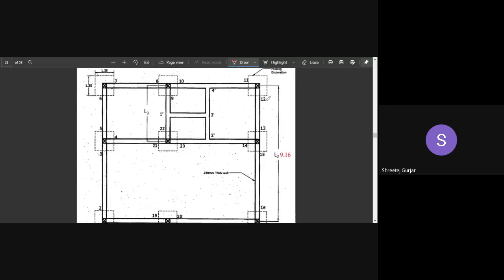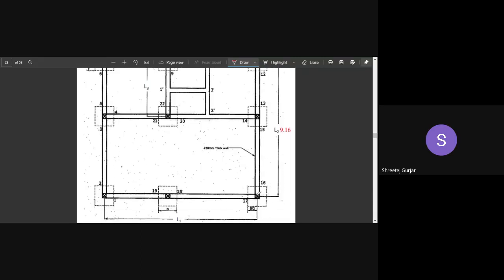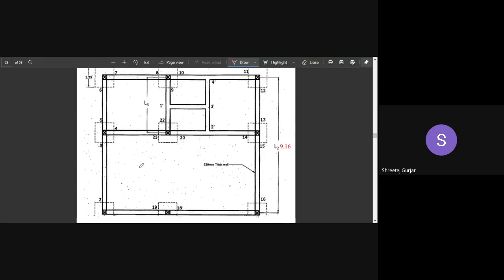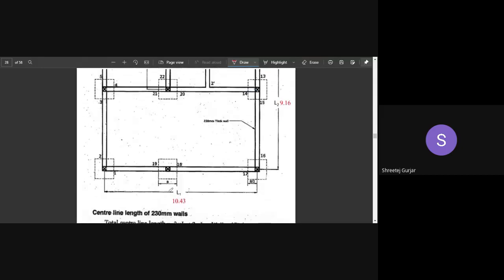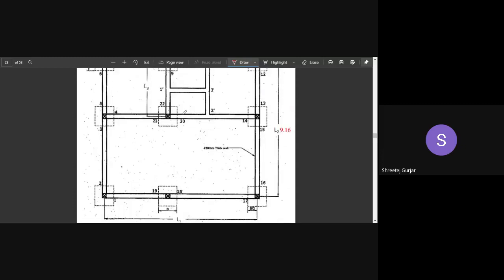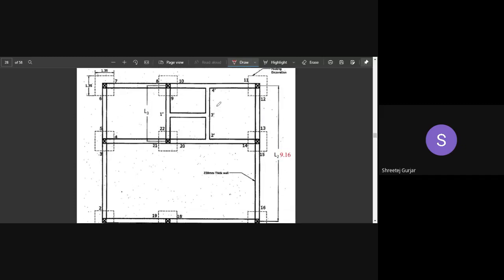And this part we will consider as L2, from center to center, going up to the center of this point. L1, you can see, there are 3 in number, 1, 2, and 3. L2 are 2 in number. This is one L2 wall, and this is also one L2 wall.